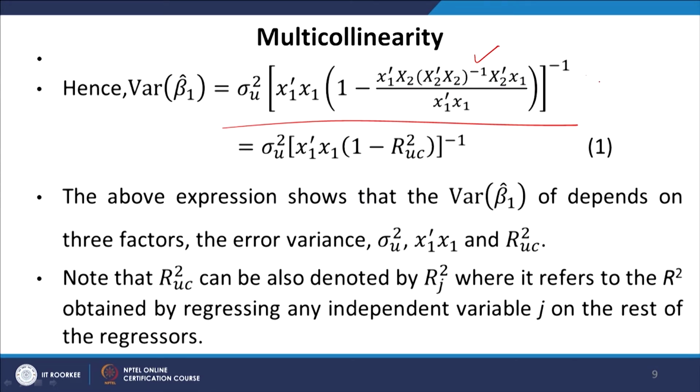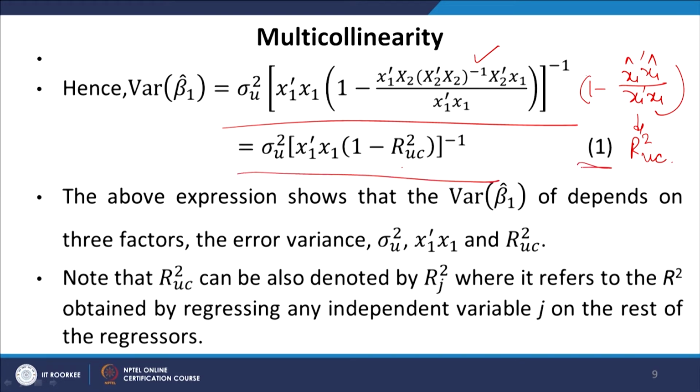In the bracket, I will have 1 minus x1 hat prime x1 hat divided by x1 prime x1. Now, remember, this was the uncentered R square when we are regressing x1 on x2. So this expression is replaced with the uncentered R square, R_uc squared, and the rest of the things remain the same. We call it equation 1.